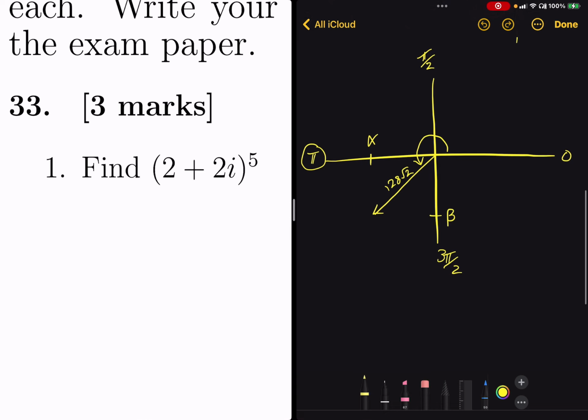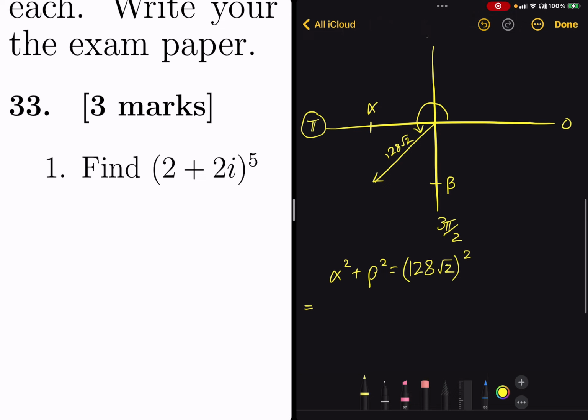So let's use some Pythagoras theorem. We have alpha squared plus beta squared is equal to 128 root 2 squared. Alpha squared and beta squared are the same though, so this means alpha squared plus alpha squared is equal to 128 times root 2 squared.